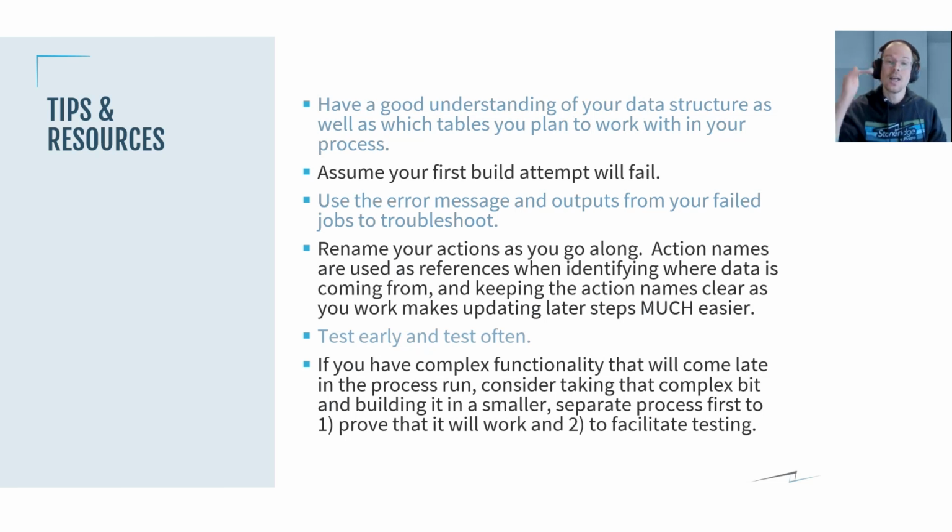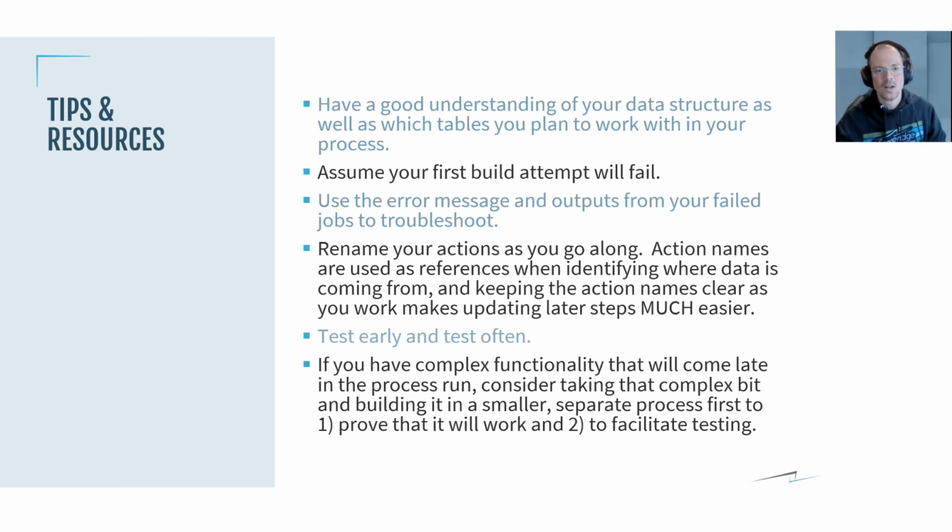Renaming those actions, that's what I was talking about when I was referencing steps from up above. I can rename and see those as a clear, obvious step on what I'm referring to. I can just see it at a glance, so I know this is the right step that I'm pulling the data from. I don't have to guess or go back through and waste time.